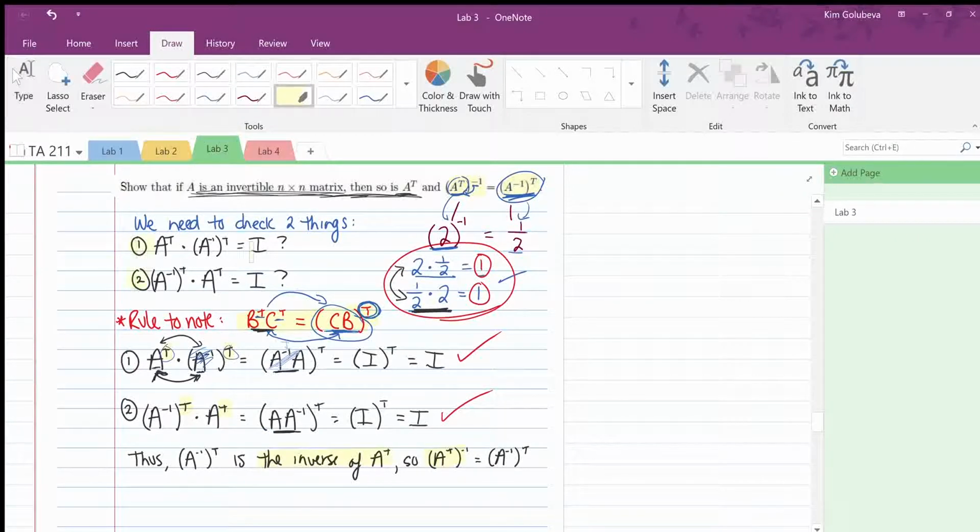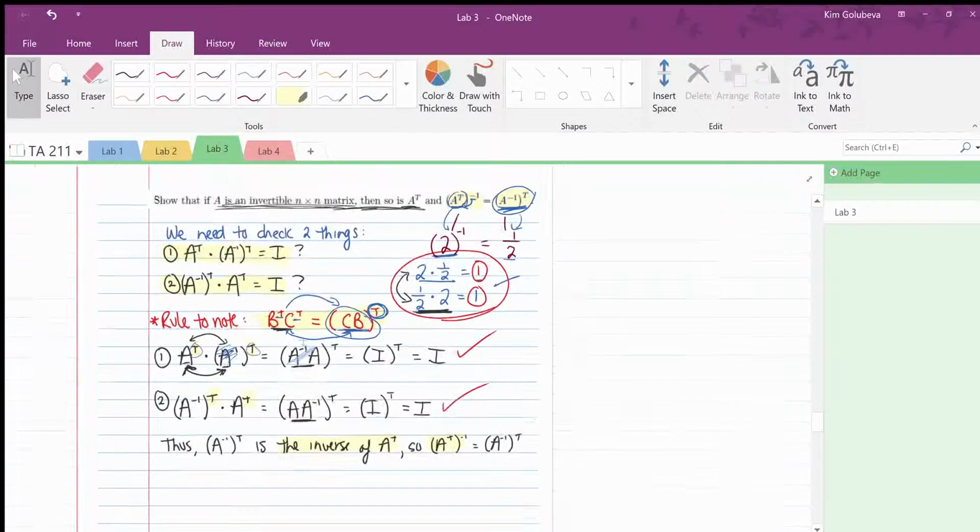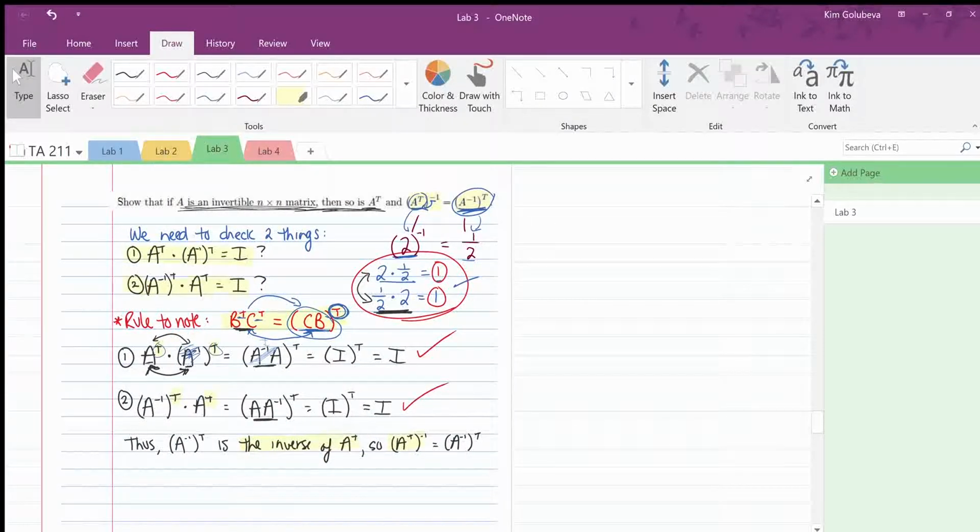We needed to prove that it equals the identity, because if you have something times something else equaling the identity in both ways that you write it, so in both orders, then they are inverses of each other. So we just used the definition of inverse, and then of course we used this important transpose rule here.